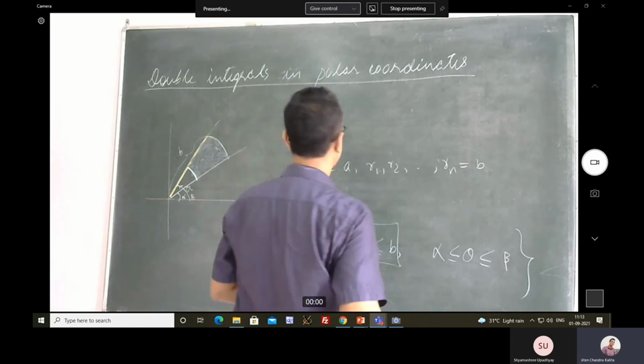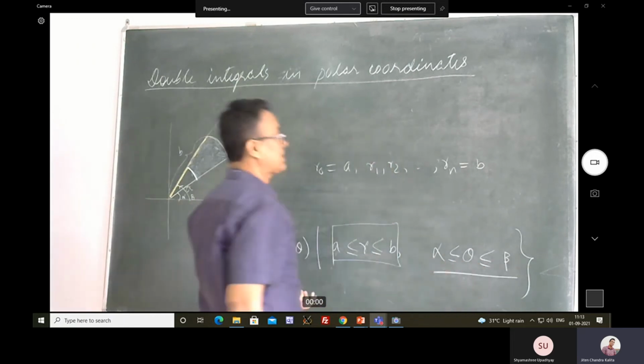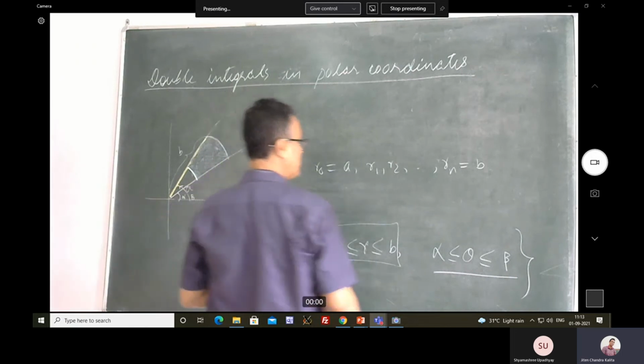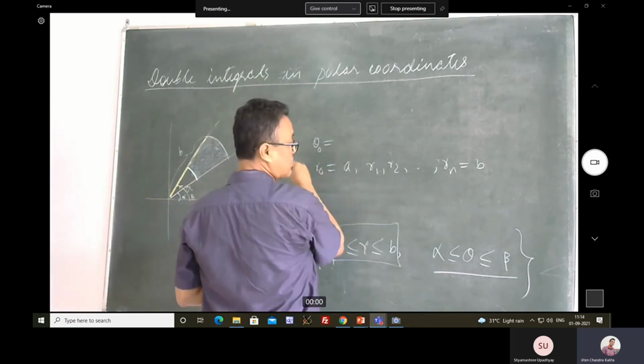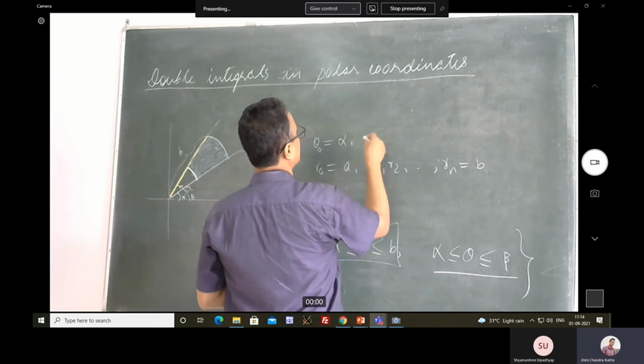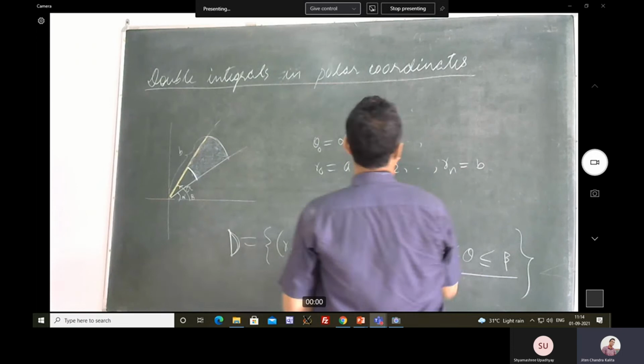And similarly, we subdivide this interval into theta0 equal to alpha, then theta1, theta2, etc.